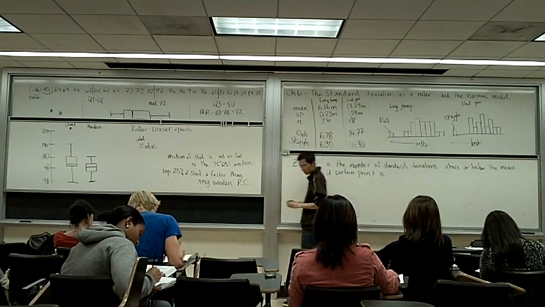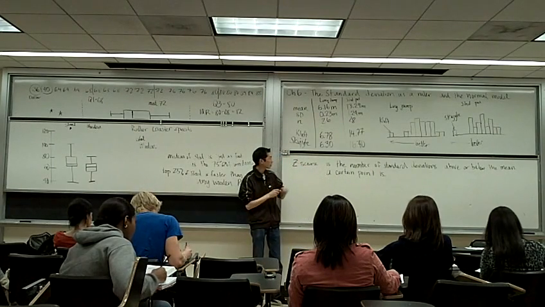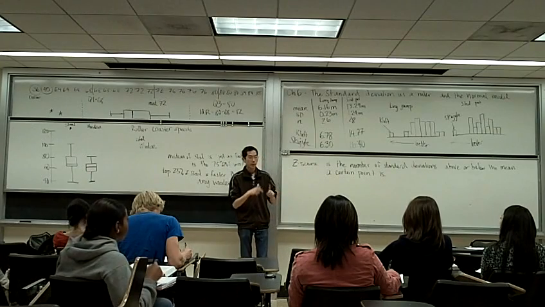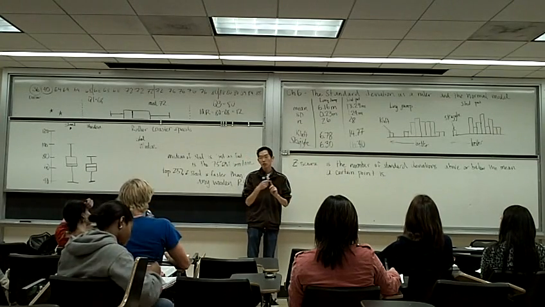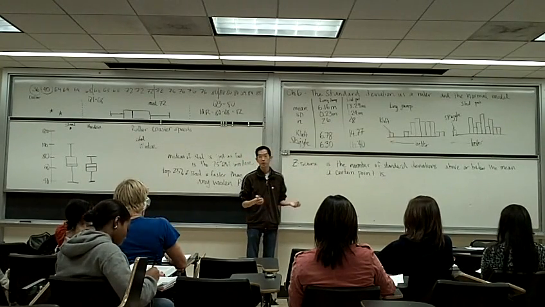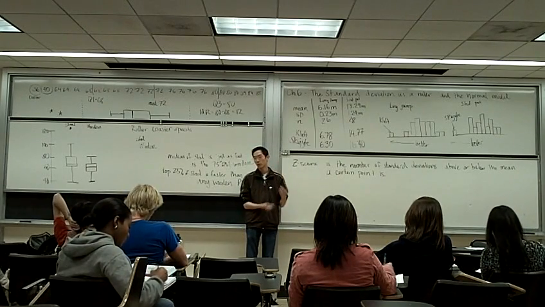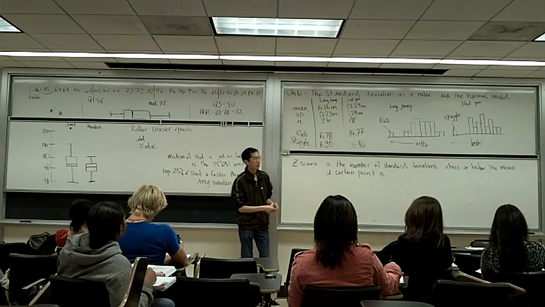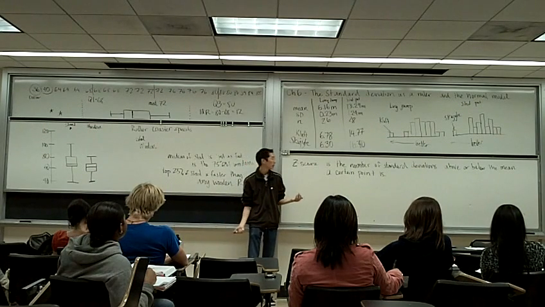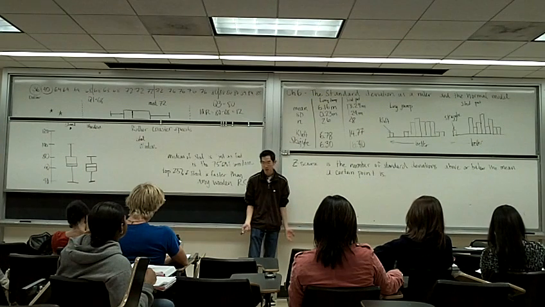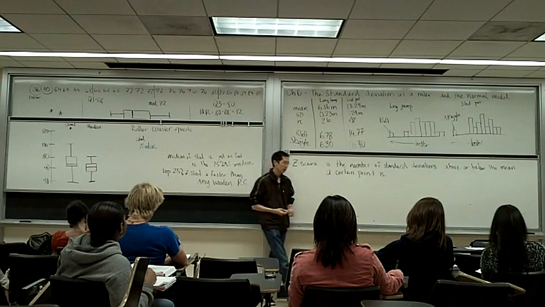So every point that we plot will have a z-score, okay? If those points are very close to the mean, they will have very small z-scores. Their z-scores will be like 0 or 0.1 or whatever, okay? If those points are far away from the mean, then they will have high z-scores, z-scores of like 3 or something, okay?